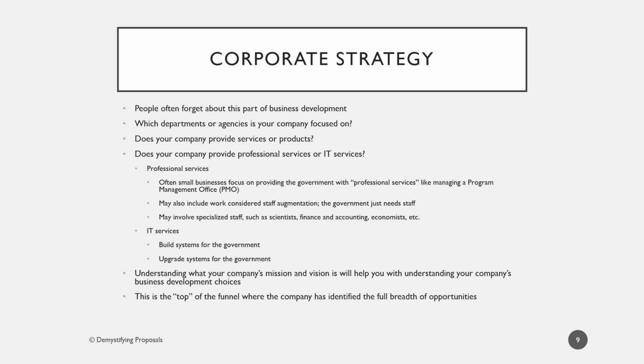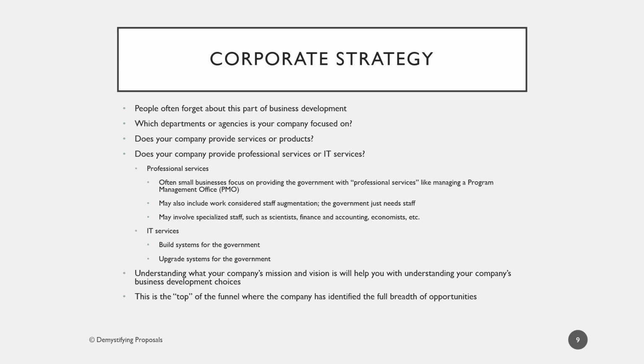Professional services also may include specialized staff, such as scientists or financial and accounting folks or economists. Again, this may be supplemental to the people who already work for the federal government, but that's what professional services generally means.